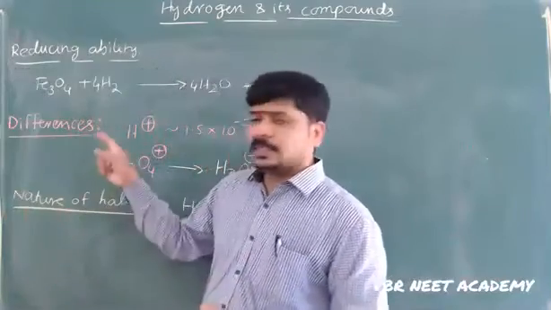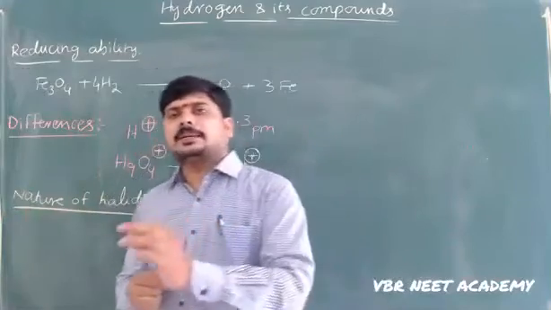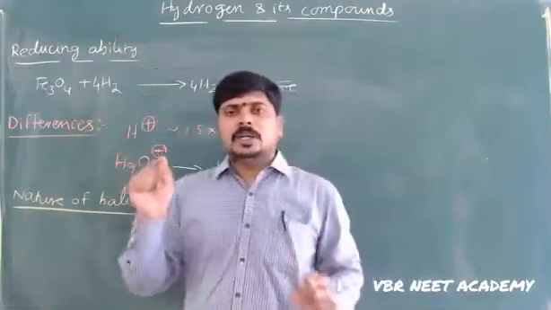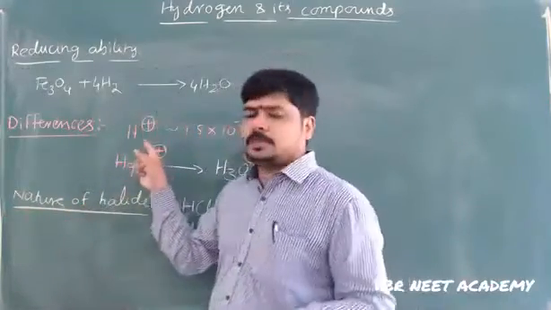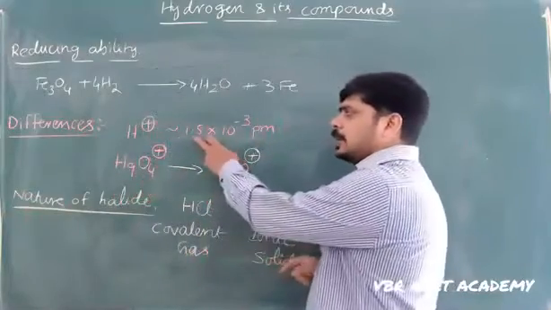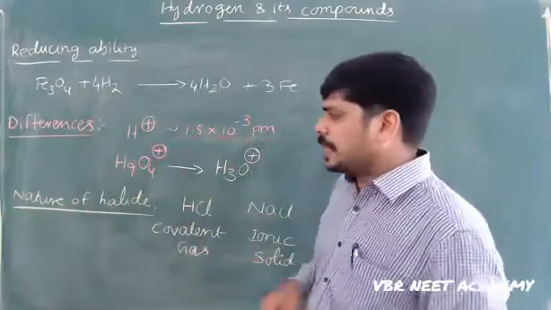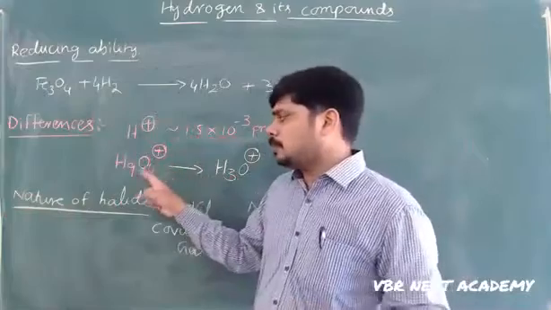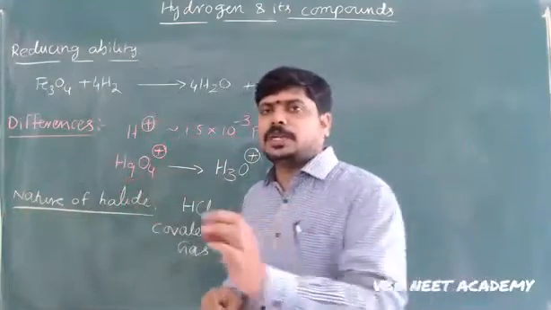And the next one, the differences you are going to observe for hydrogen with alkali metals. The first difference we discussed is the existence of the unipositively charged ion. H+ is not at all going to be possible to exist individually because of its smallest size, 1.5 into 10 power minus 3 picometer, whereas hydrogen is present in the form of H9O4+, that is the hydronium ion.